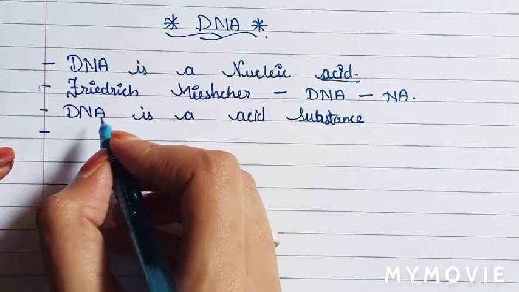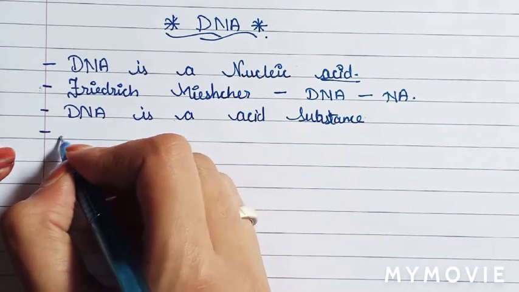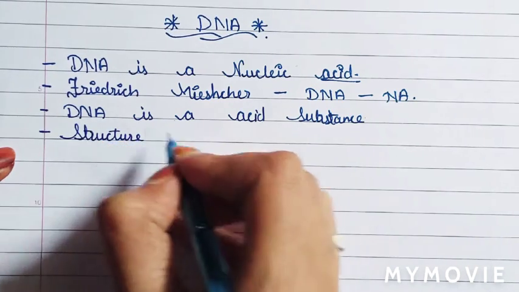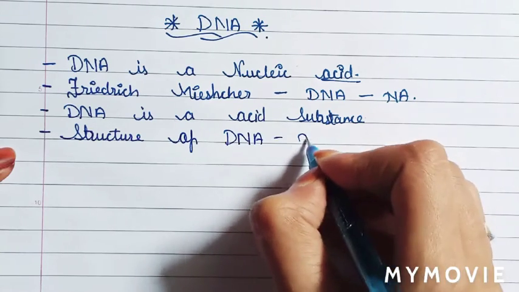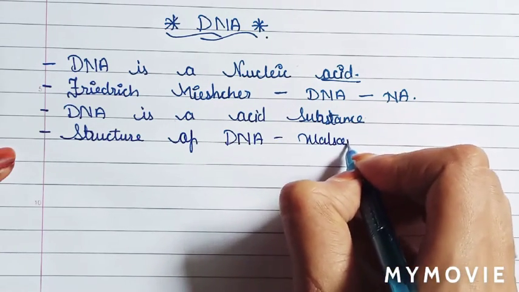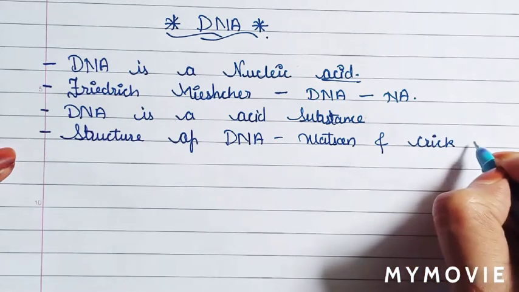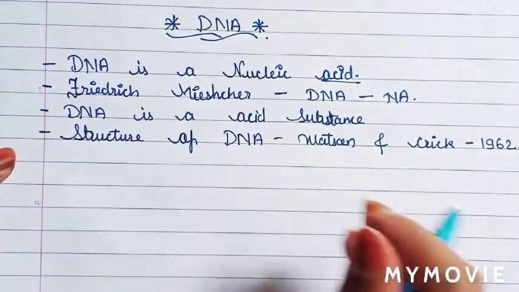Now, as we know, the structure of DNA is given by Watson and Crick. So we will write here, structure of DNA is given by Watson and Crick, and they got the Nobel Prize in 1962 for the DNA model.